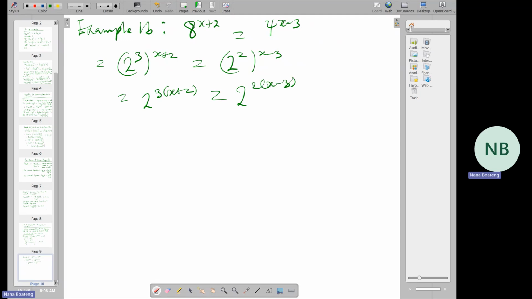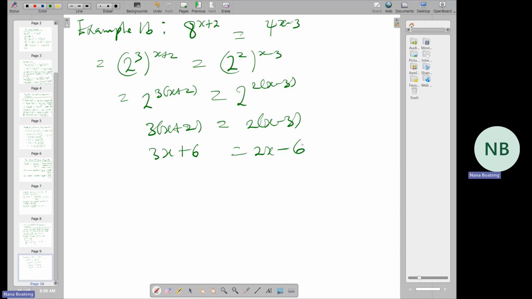And so we can equate the powers now. So this is 3 times x plus 2 is equal to 2 times x minus 3. If we multiply through by 3 on the left, we have 3x plus 6, and if we multiply 2 by x minus 3 on the right, we have 2x minus 6.